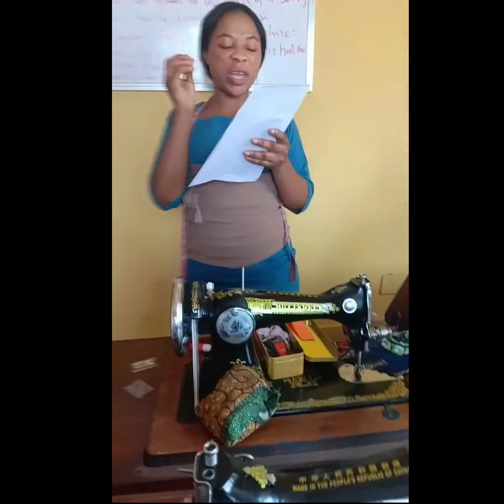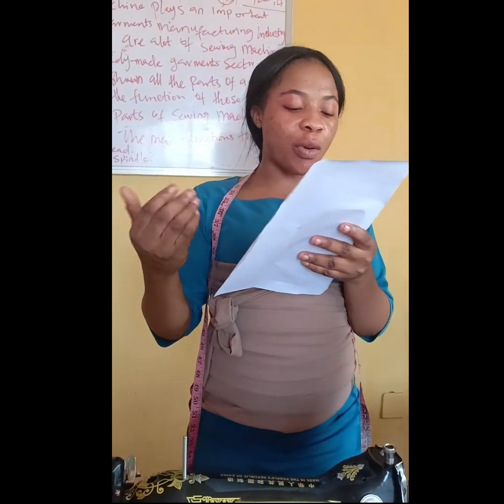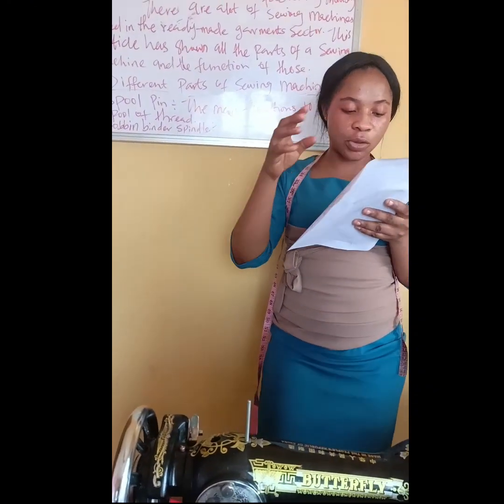Bobbin winder stopper. It serves as a control for when it is used to reach its optimum capacity. Then the bobbin winder stopper itself is what helps you to stop while winding.